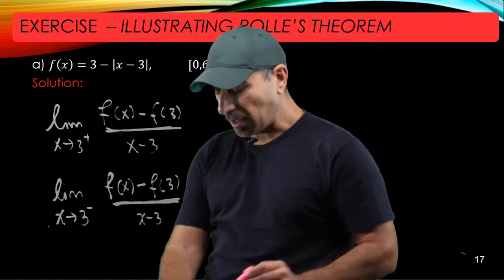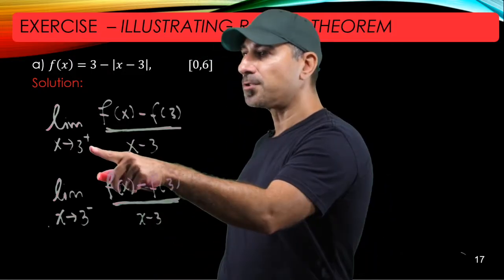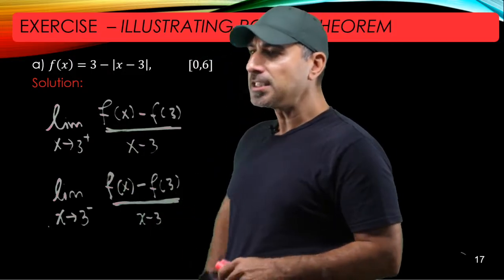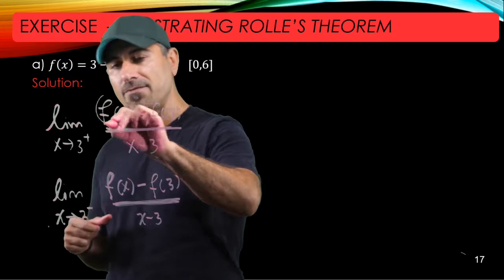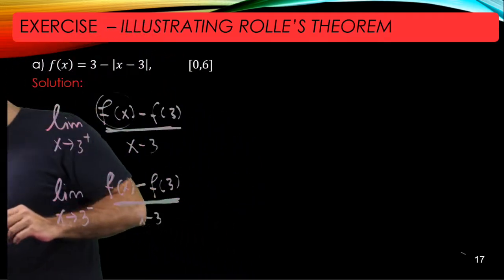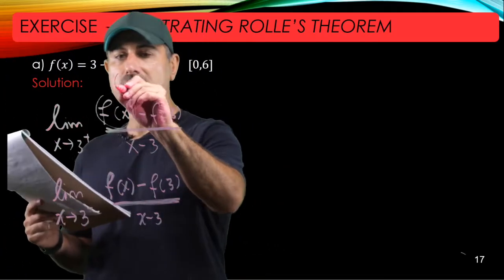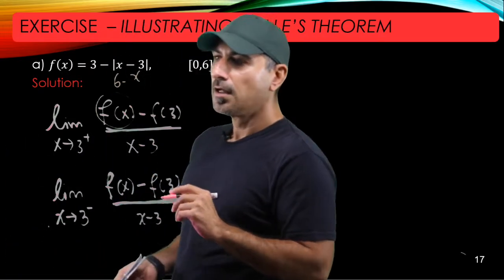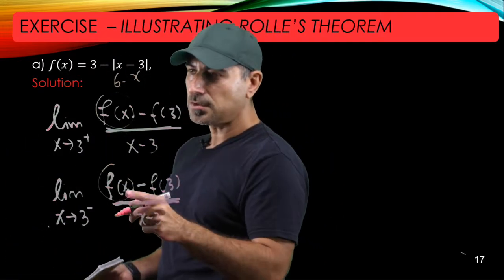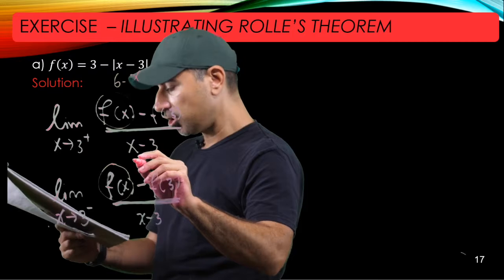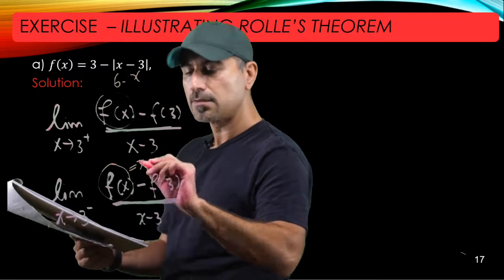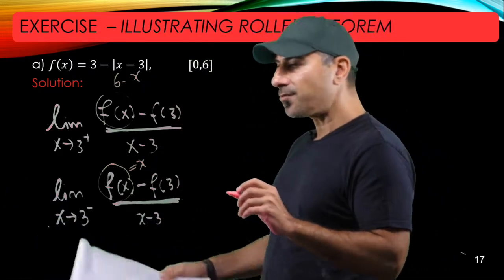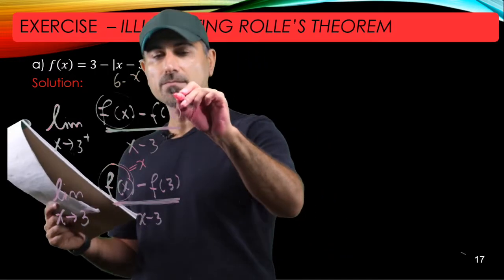Approaching 3 from the right, I'm going to use the right piece for f, which is 6 minus x. Here the left piece is just x, and f of 3 we just found to be 3.